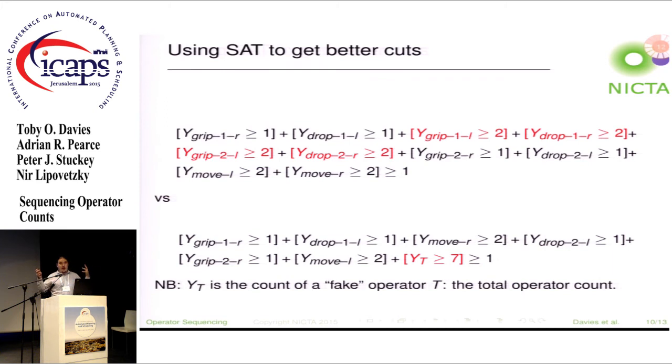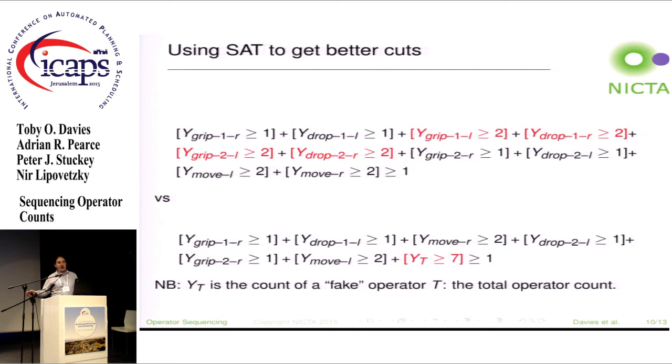So these aren't perfect cuts, but we can see the difference here between this, which is the naive cut, just saying I need one more of something, and what the SAT solver allows us to do, which is effectively collapse these 4 red ones into this fake action, I need one more. The reason that we need this is basically because the no-good that we get out of our SAT is only true for the current formula length.